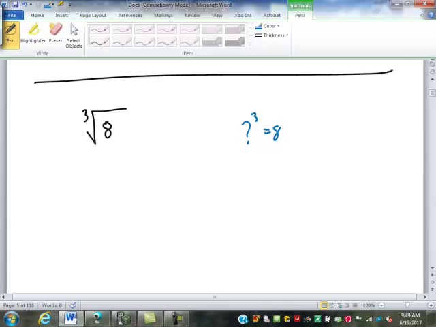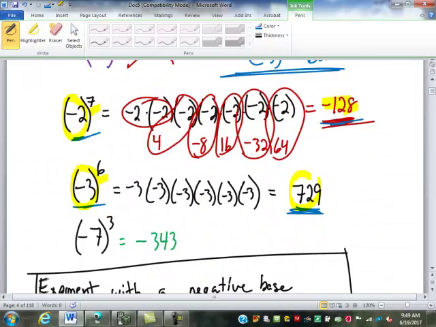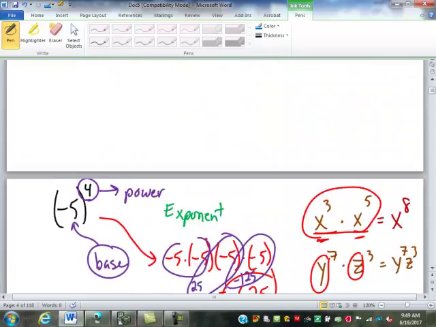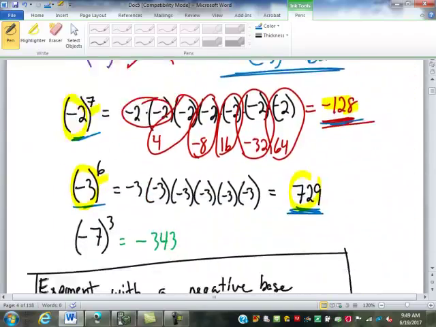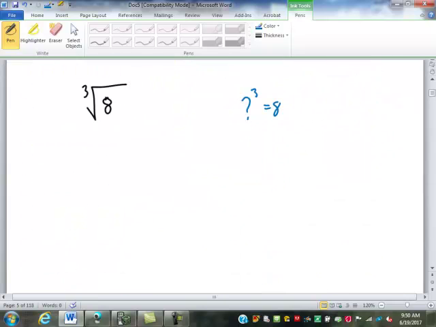So instead of asking me what number squared equals that, it's asking me what number cubed equals that. That would be 2, because 2 to the power of 3 is 8. 2 times 2 times 2.